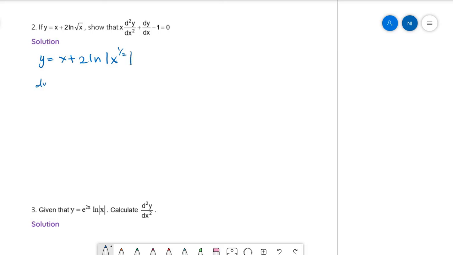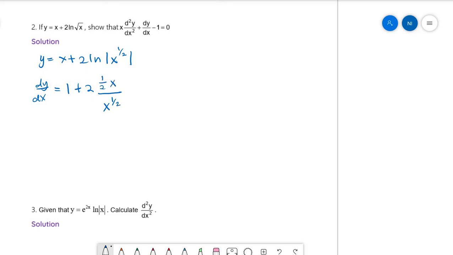Next, dy/dx: differentiate x is equal to 1. How do we differentiate ln? As I mentioned over and over again, rewrite the function first, and then only you differentiate it.